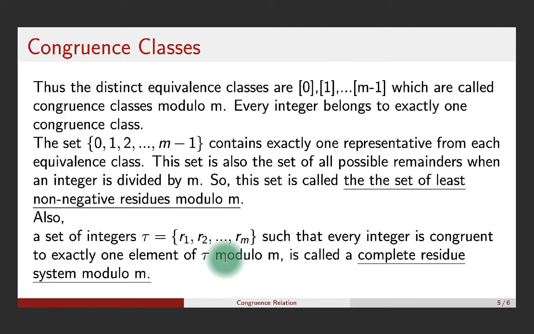So, if we take any integer, say n, then n will be congruent to exactly one element from this set. And we can also observe that this set contains exactly m integers, and if we take any two members of this set, they won't be related to each other.